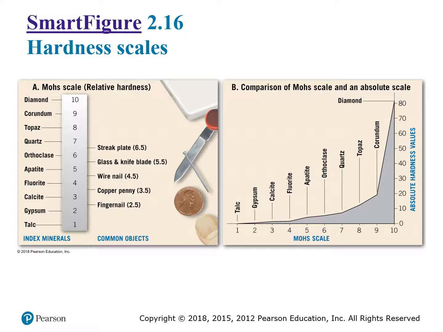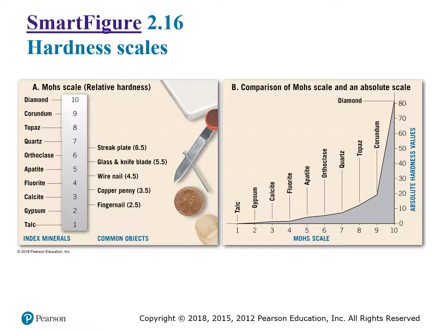Talc is 1, gypsum is 2, calcite is 3, fluorite is 4, apatite is 5, orthoclase, which is a type of feldspar, is 6, quartz is 7, topaz is 8, and corundum is 9. Those are the basic 10 minerals that we can use to classify mineral hardness.